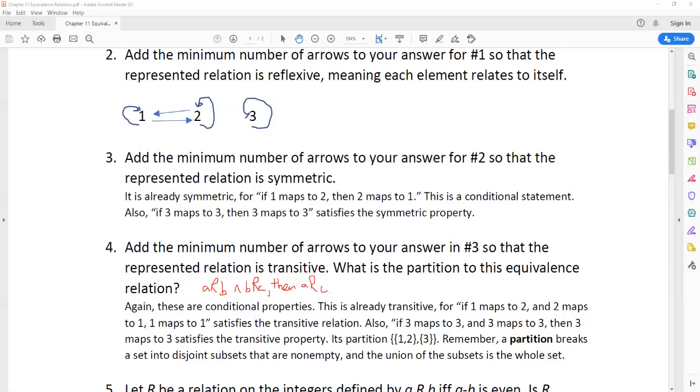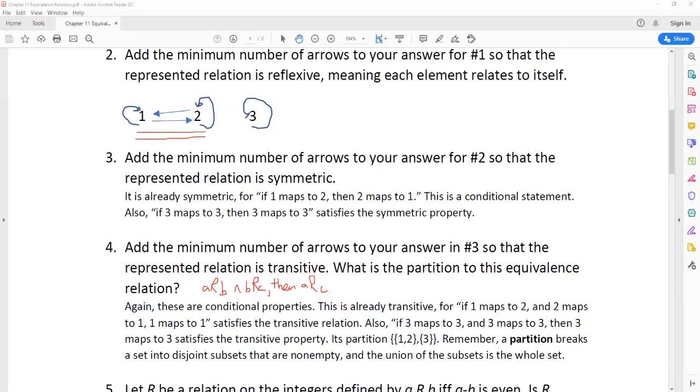So let's go back and see if the hypothesis is satisfied in the arrow diagram in number 2. Do we have an A relating to B and a B relating to C? Well, we have 1 mapping to 2 and 2 maps to 1, and therefore 1 maps to 1, which means that we have a transitive relationship between 1 and 2.